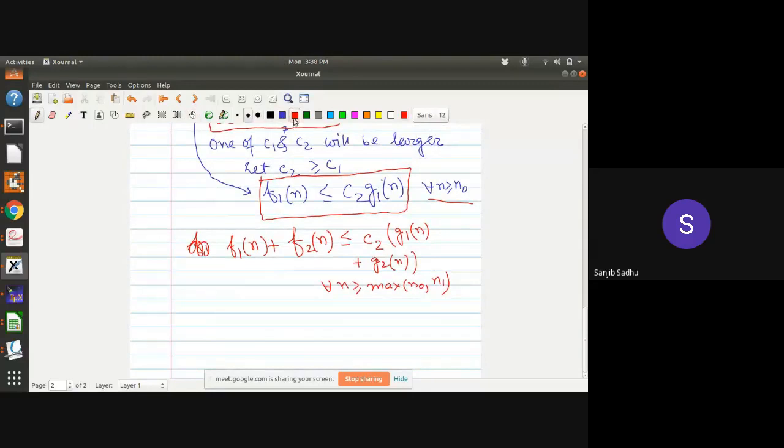If G1 is the larger function, meaning its power is higher than G2's, then the order of f1n plus f2n will be determined by G1n. If G2n is larger than G1n, then the order of f1n plus f2n will be determined by G2n, whichever is the larger. Clear?